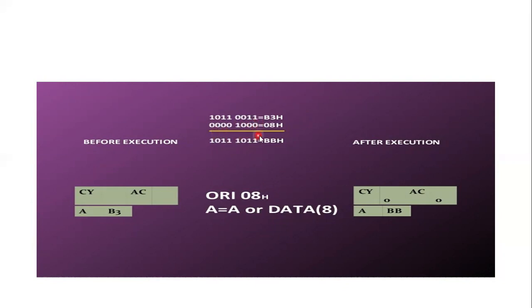Then 08 is 0000 1000. Then 1 or 0 is 1, 0 or 0 is 0... so the result is 1011 1011. So this is B, this is B. Therefore, the result becomes BB, which is stored in the accumulator.